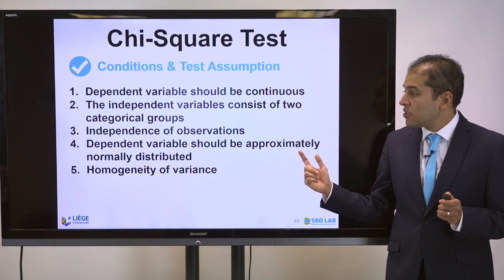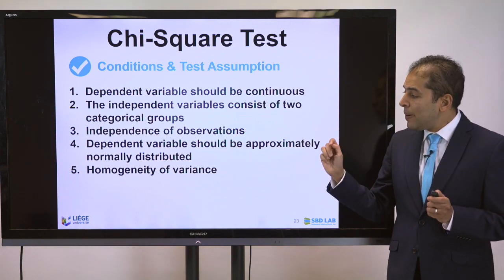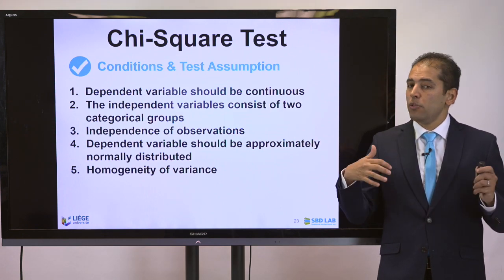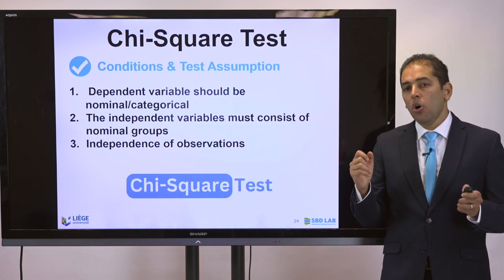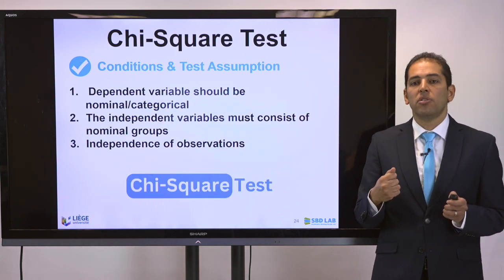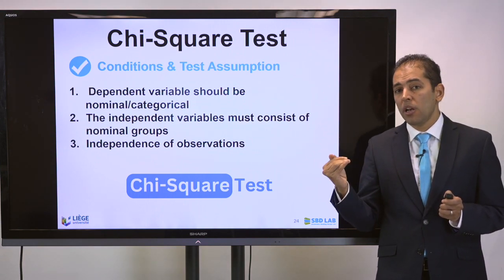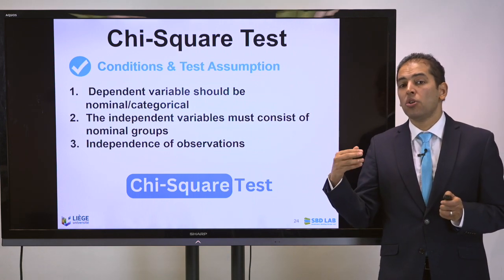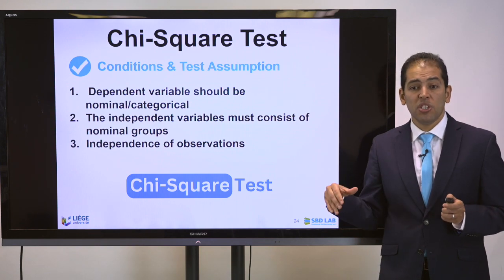We have independence of our observations, the dependent variable should be approximately normally distributed, and we have homogeneity of variance. Also, another important condition for the success of our chi-square test is that the dependent variable should be nominal or categorical, and the independent variable must consist of nominal groups, and the independence of observation is a must.